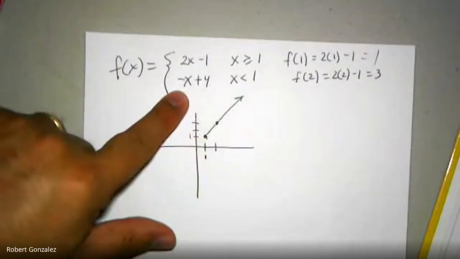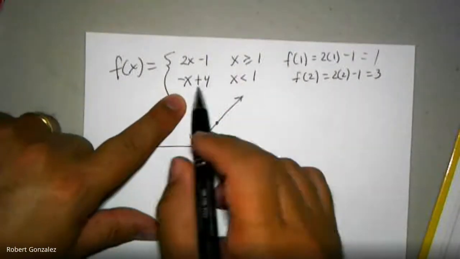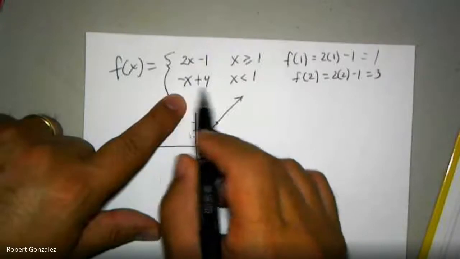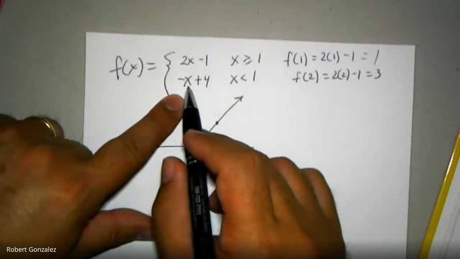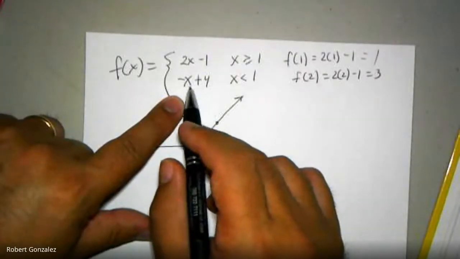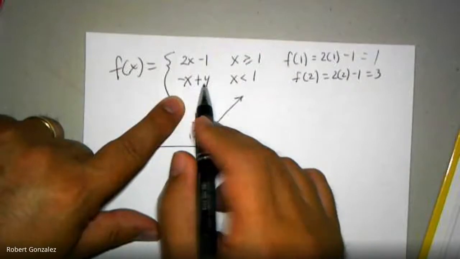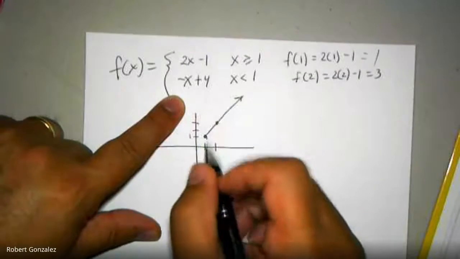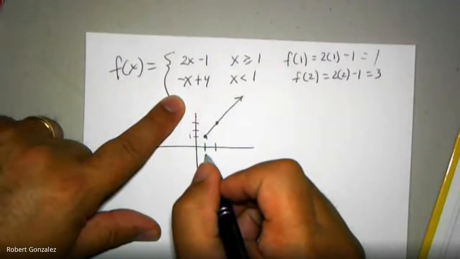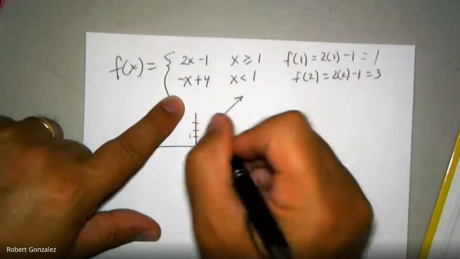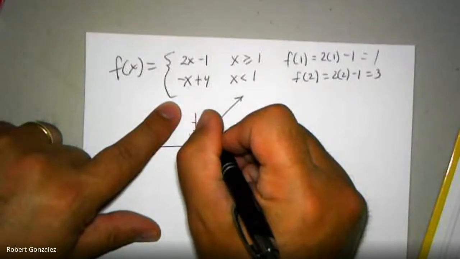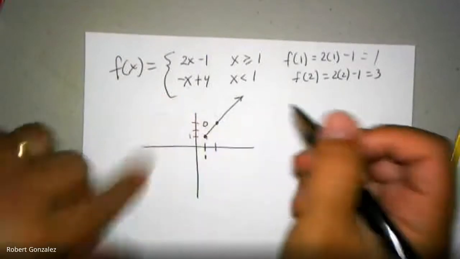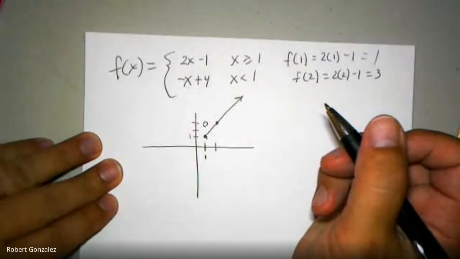Now, let's do the bottom part. If I plug in 1 right here, what will the expression equal? Well, you've got negative 1 plus 4, and negative 1 plus 4 is 3. So we're going to go up to 3 and put an open circle. Okay?